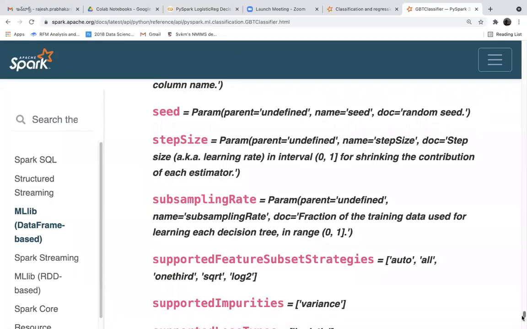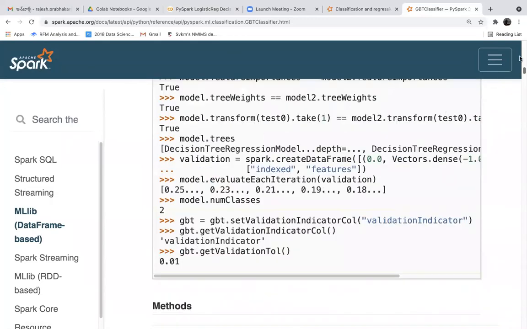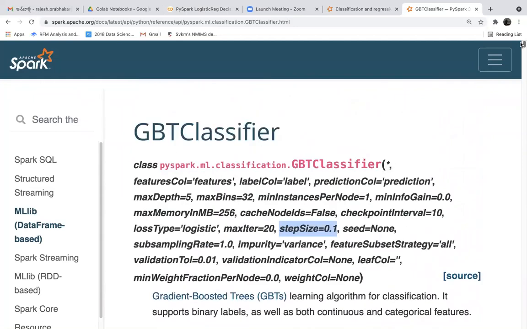Can we give the number of trees here? Here you didn't specify the number of trees, right? Yeah, that's what I'm checking.